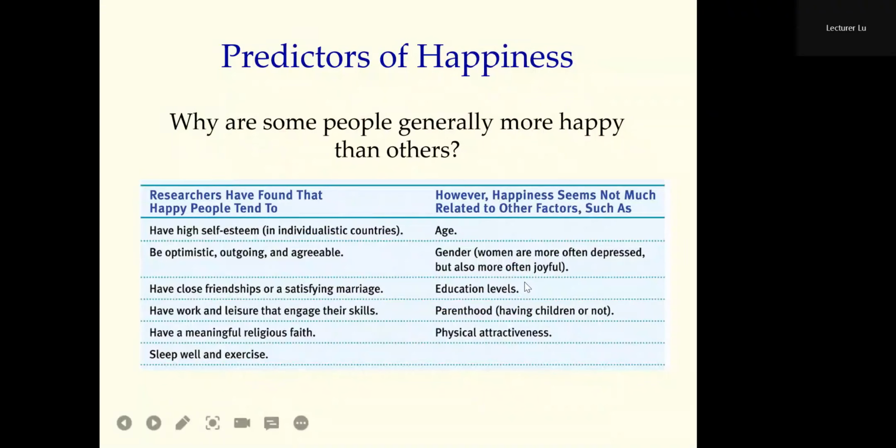Here are the factors that have no correlation with happiness. And what is correlated with happiness is self-esteem, like their personality, relationships, work or leisure, beliefs, faith, and their lifestyle.